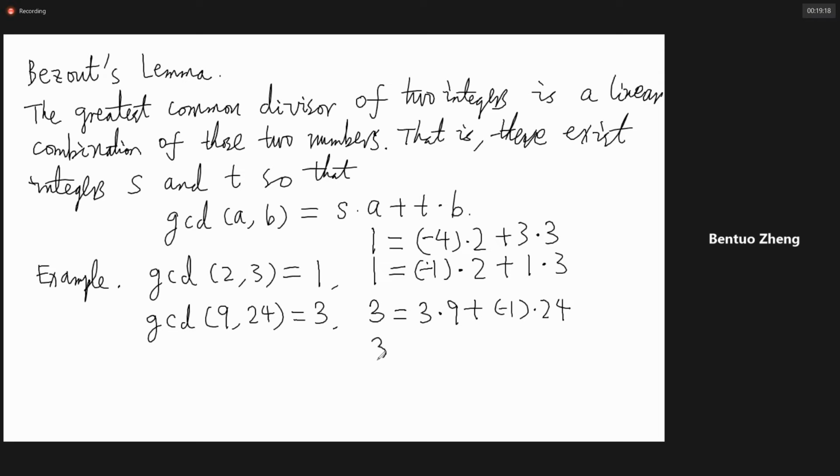And this 3 can also be written as 11 times 9 plus -4 times 24, for example.